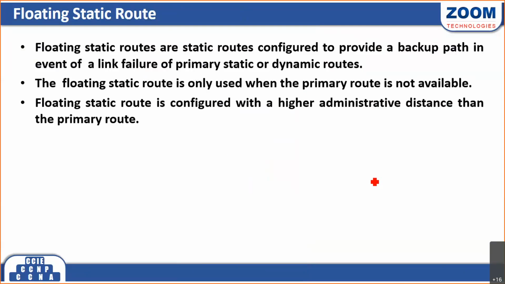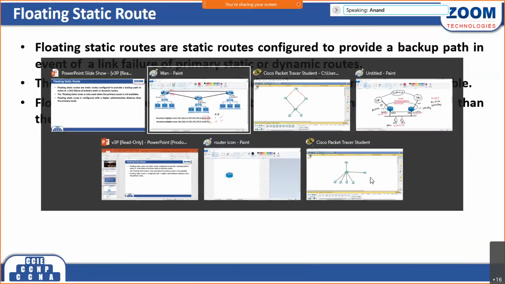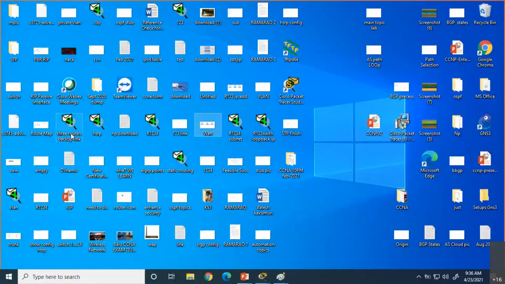So a floating static route is configured with a higher administrative distance than the primary route. This is a good feature. In static also we can work like dynamic protocols by configuring these things. We'll see practically how it works.